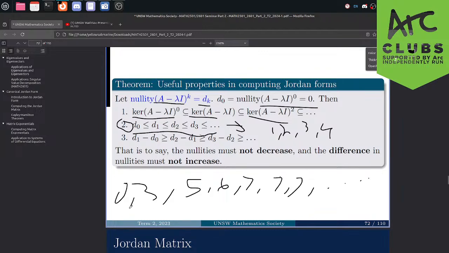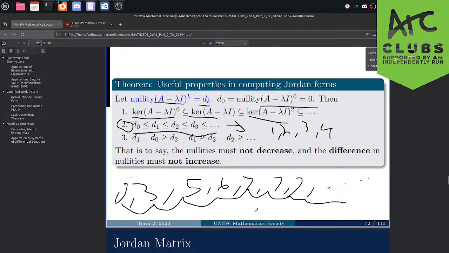Notice that the sequence is non-decreasing: it's increasing and then stays straight, it never goes down. But note the differences. First it jumps by 3, then by 2, then by 1, then by 1, then 0, 0, 0, 0. The amount you jump by never increases. It's either going down or it's going straight. That's what we mean by that.